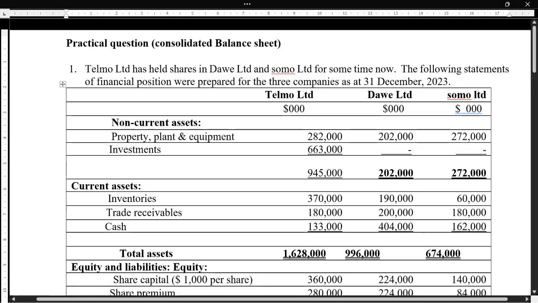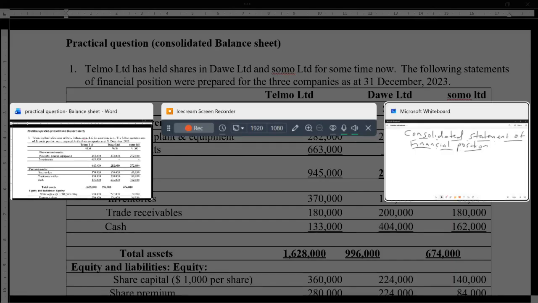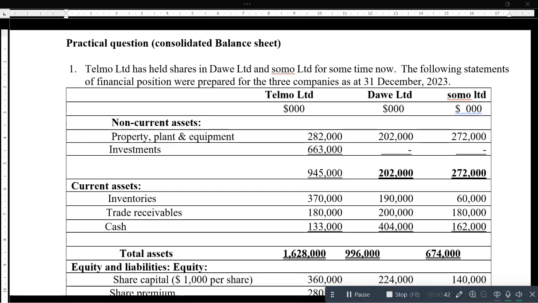When we look at this question, Teremo Limited has held shares in Dawe Limited. Now we have company A, that is Teremo, company B, that is Dawe Limited, and Somo Limited, meaning this question has 3 companies. And remember, we are on consolidated balance sheet or statement of financial position. We need to consolidate these 3 companies.